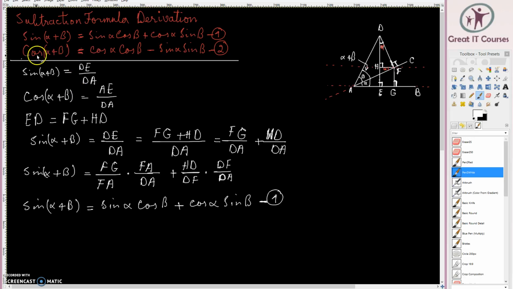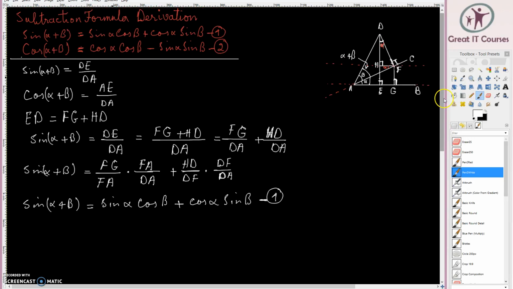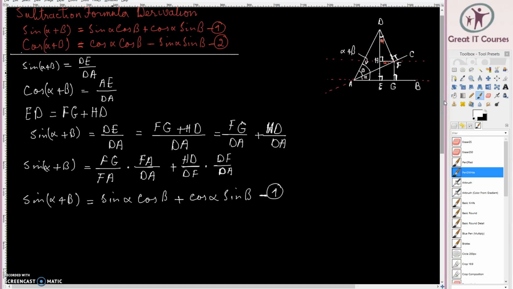Next we need to derive cos alpha plus beta. Now in order to do that, you need to know that basically cos alpha plus beta, as we said here, is equal to AE by dA.